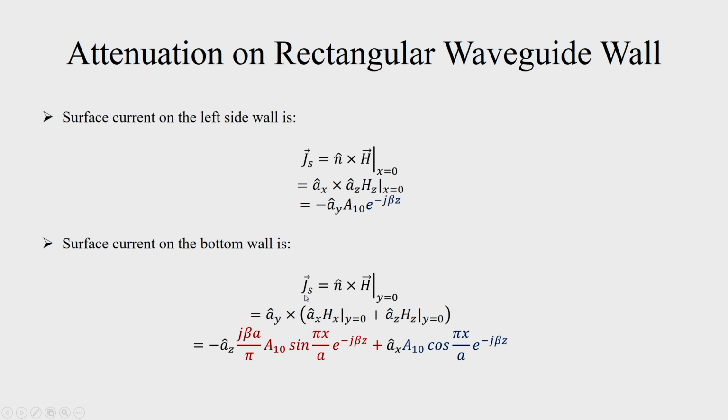So, once we have the surface current densities calculated on the side and the bottom walls, we can utilize these expressions in calculating the power loss per unit length.